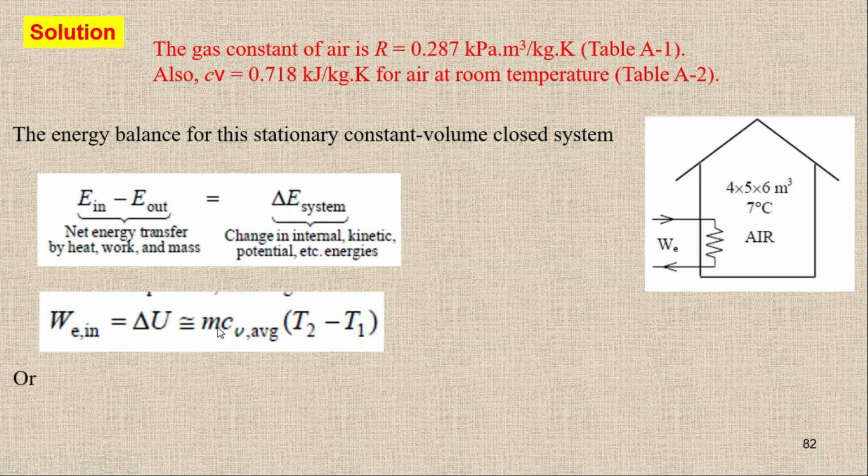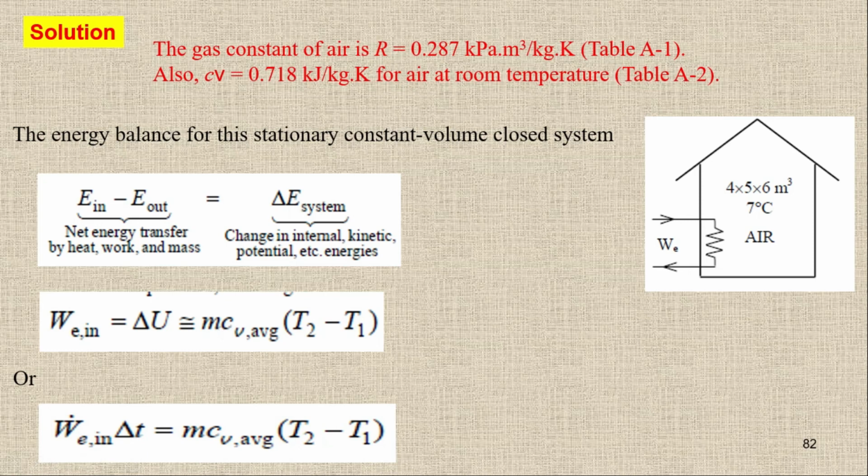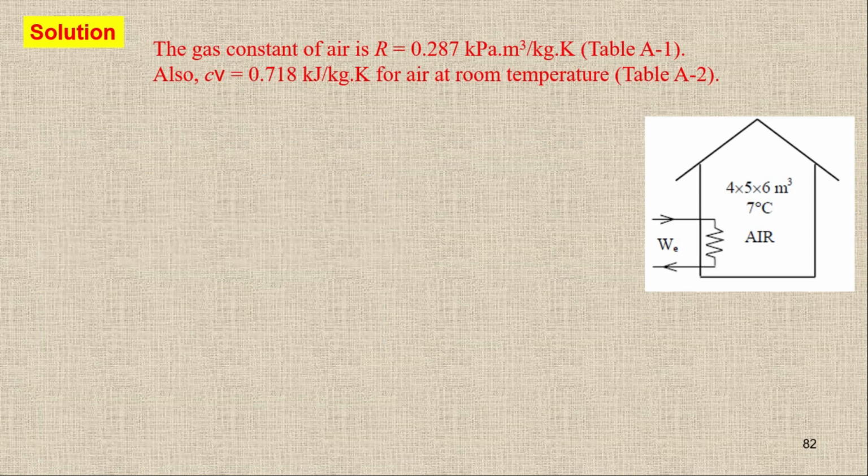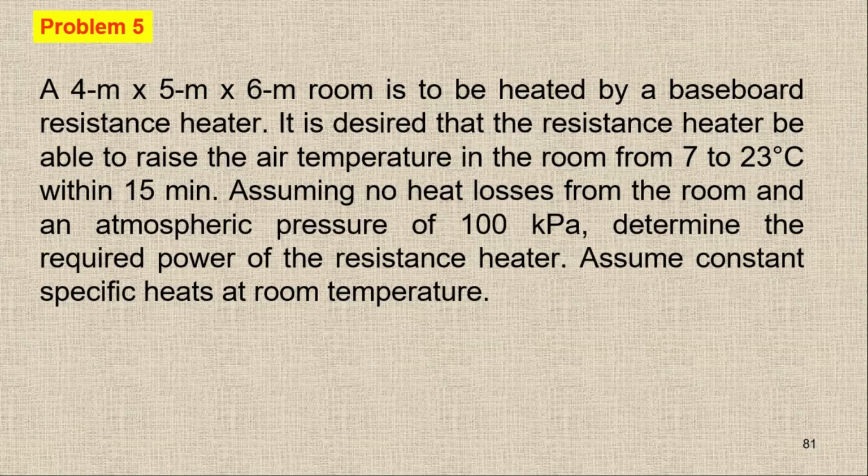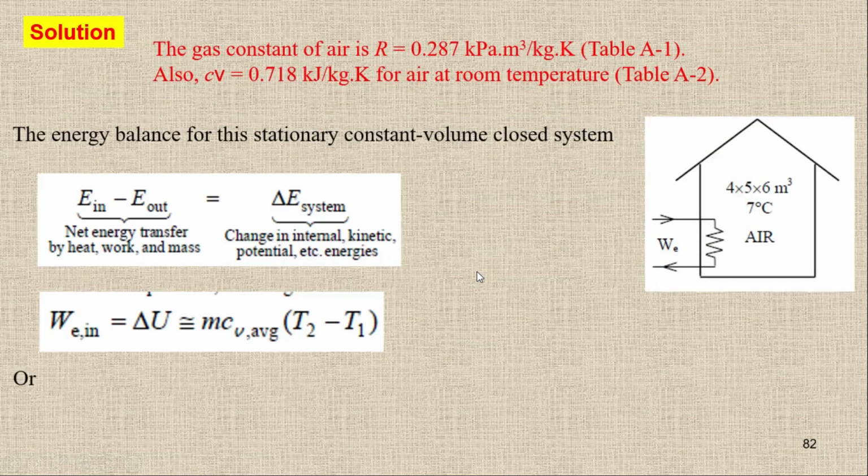What about M? Let me check whether it is given or not. Volume is given, temperature is given, and initial pressure is given. So we know P, V and T. With the help of PV equals MRT, I can find the value of mass as well.